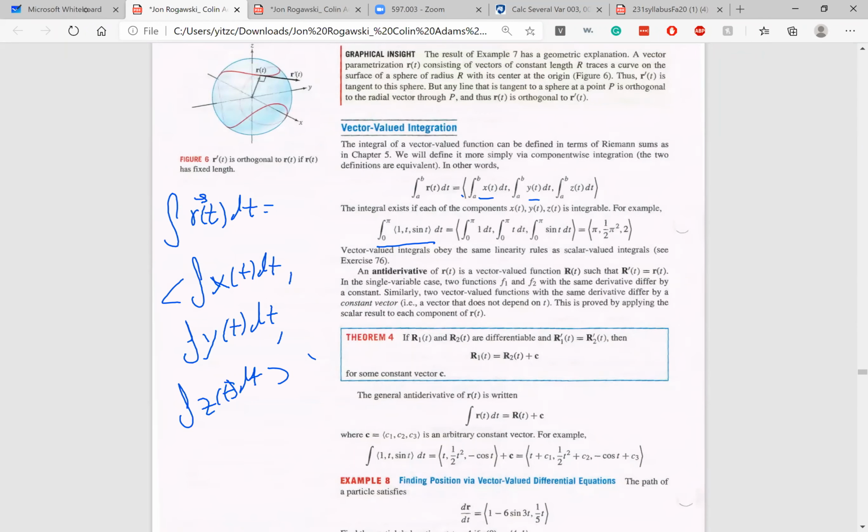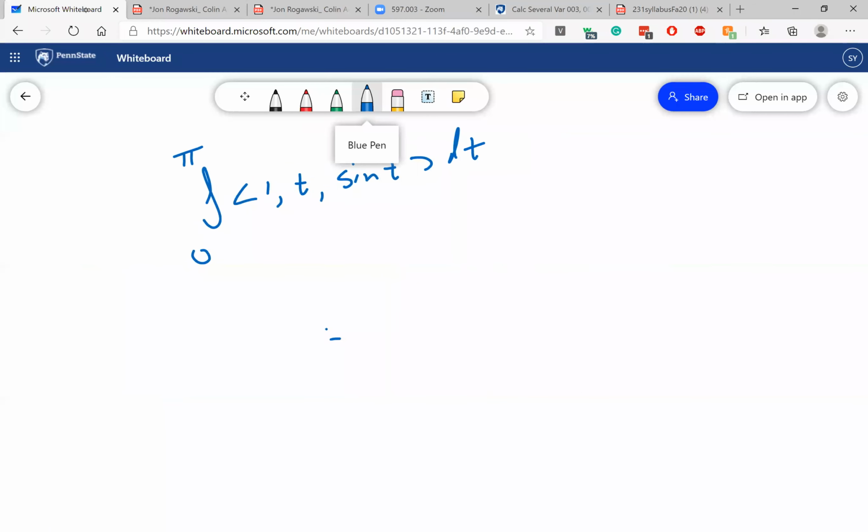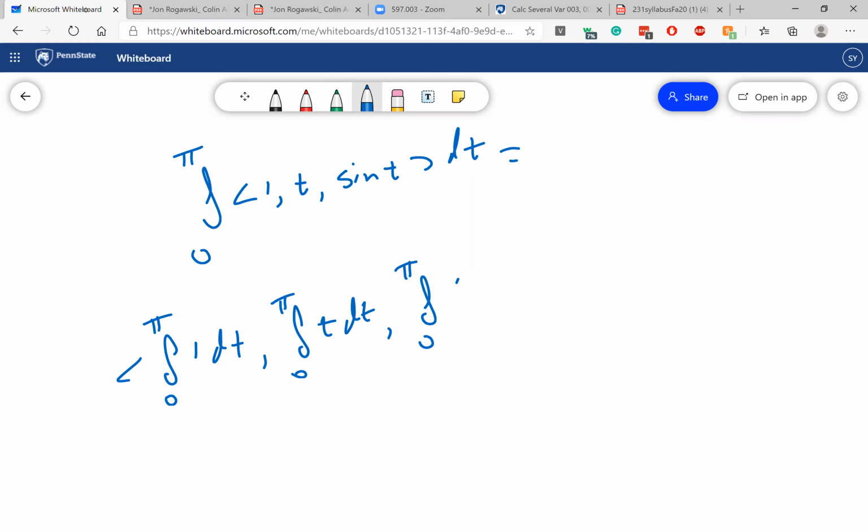So the integral from 0 to pi of the vector 1, t, sine t dt. This is going to be equal to the integral 0 to pi of 1, 0 to pi of t dt, and 0 to pi of sine of t dt.